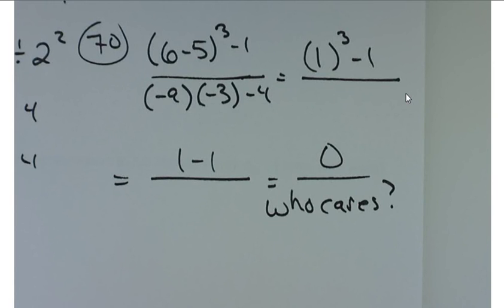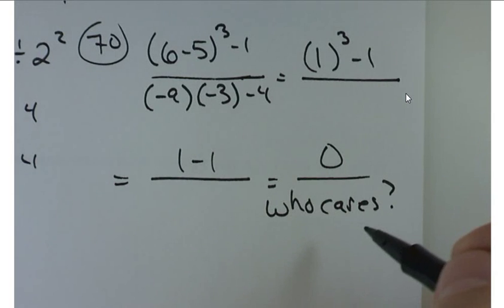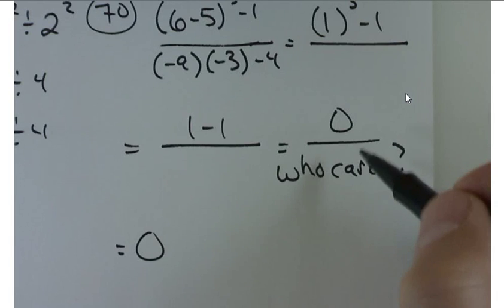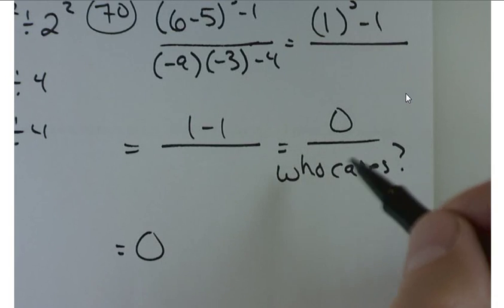What do I get for a quotient? What do we get? Is this undefined, or is it something else? It's 0. Yeah. When you have something divided into 0, you're going to get 0. So who cares? Because it doesn't really matter what I have in the denominator.